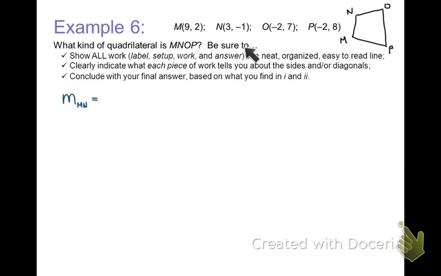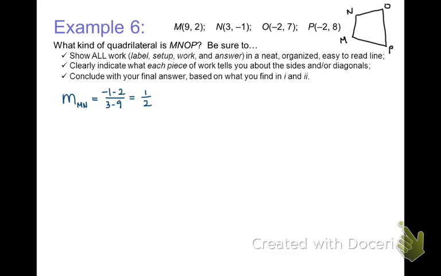So for MN, you should have a slope of negative 1 minus 2 over 3 minus 9. Okay, do the math. You get negative 1 minus 2 is negative 3 over, what's 3 minus 9? What is negative 3 over negative 6? Positive 1/2. Very good.